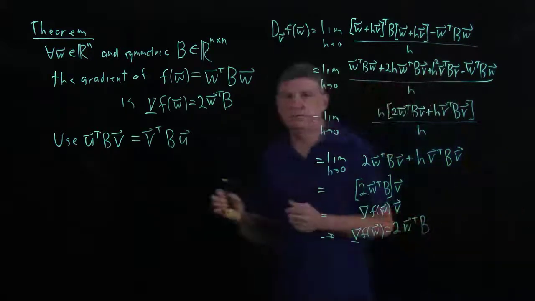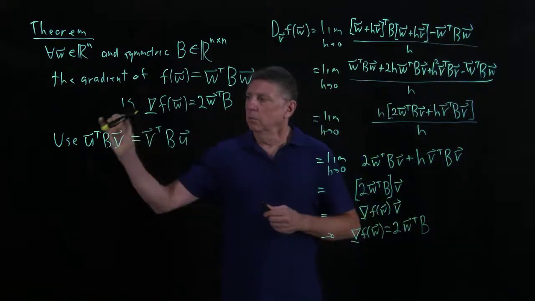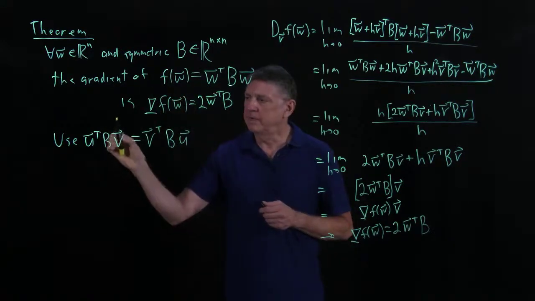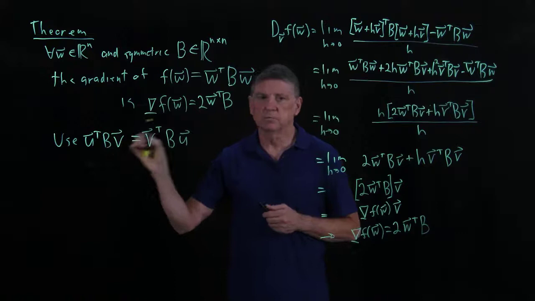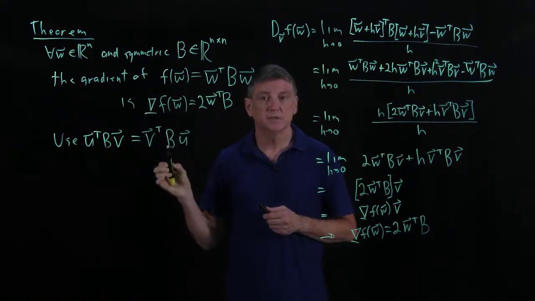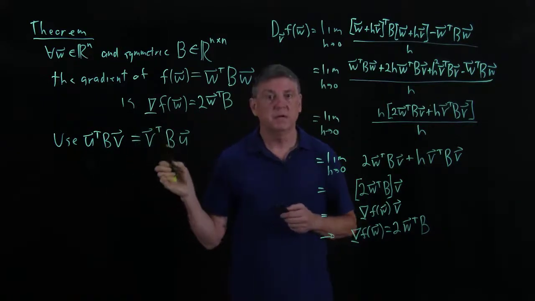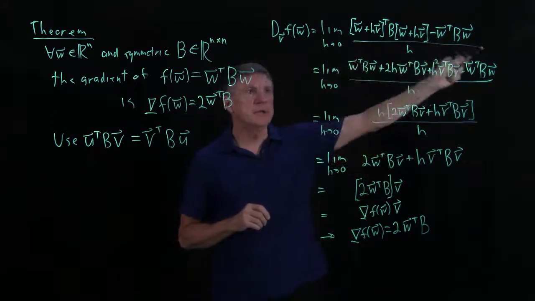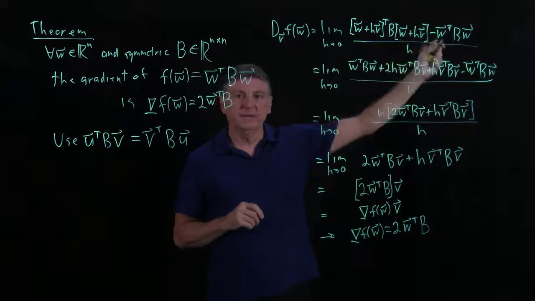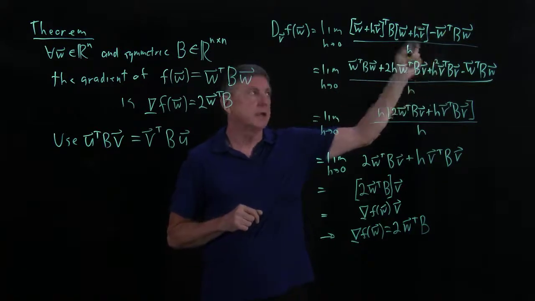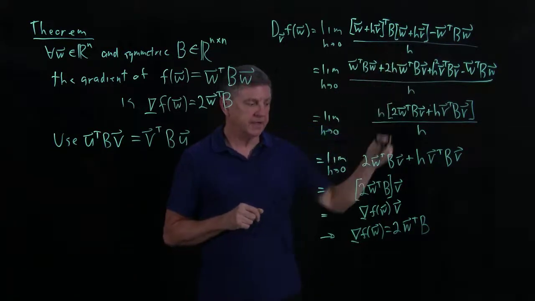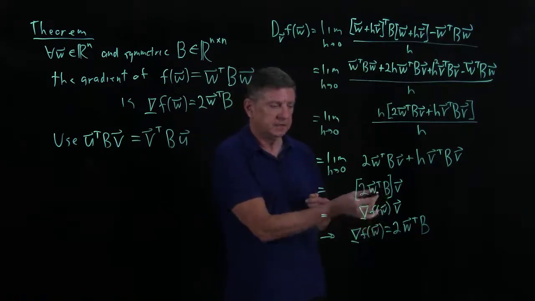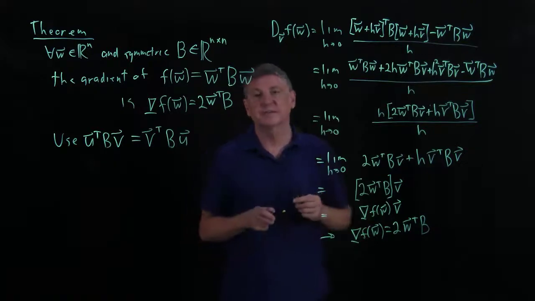So what we've done here is we've written a quadratic form, we've recalled a result from linear algebra that is one of the many, many useful things about linear algebra. Then we simply formulated the directional derivative in its definitional form as a limit, and we then simplified and substituted and extracted the gradient from the directional derivative term.